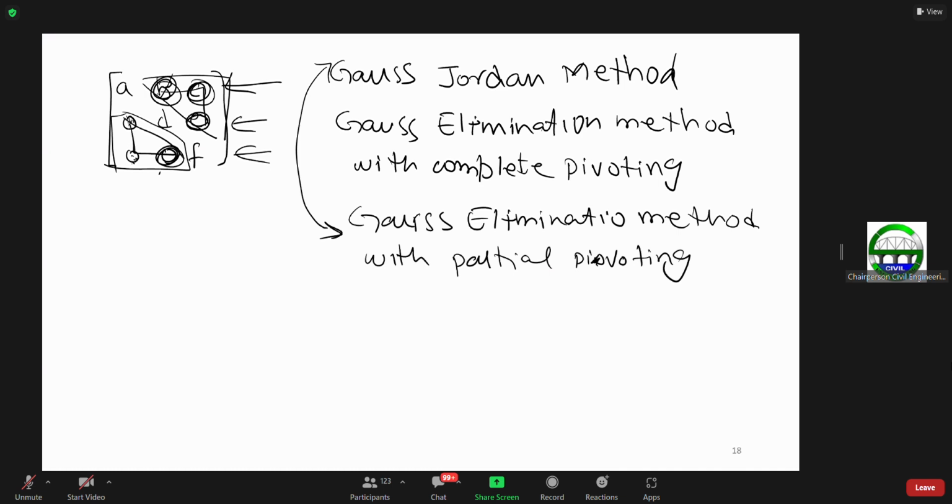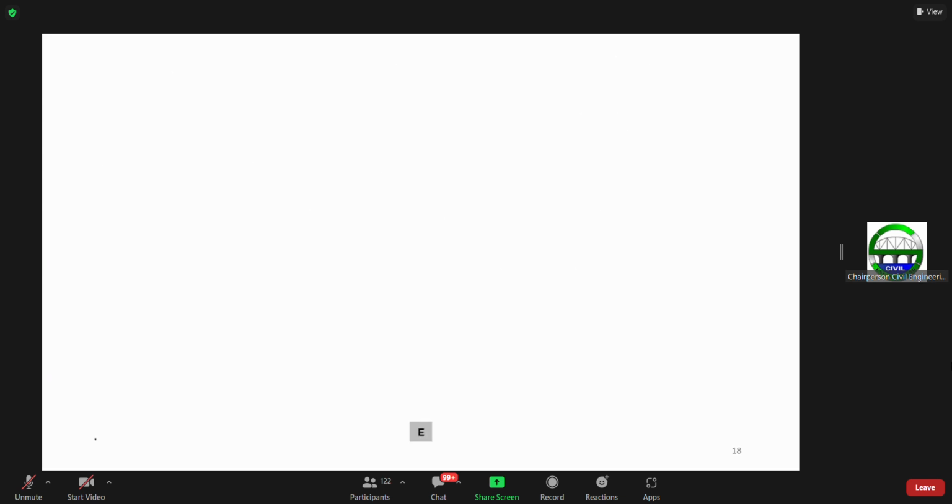So these are almost the same, because in the Gauss elimination method with partial pivoting, we use only one triangle of 0s. But here we have to make both triangles equal to 0, and then this will be your Gauss-Jordan method. Okay, so let's try to solve this one, and I will just erase it.